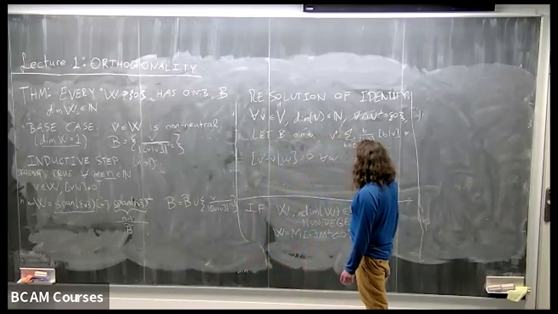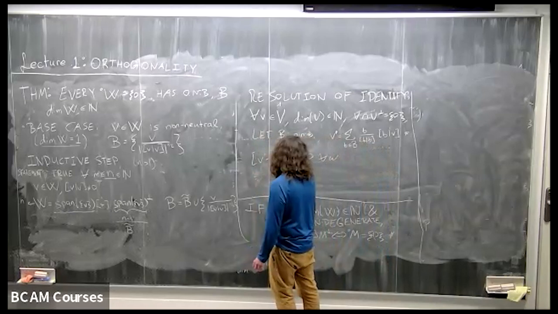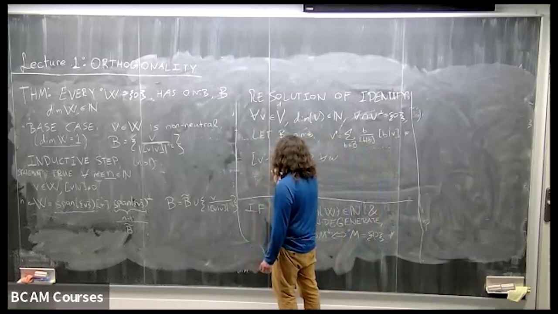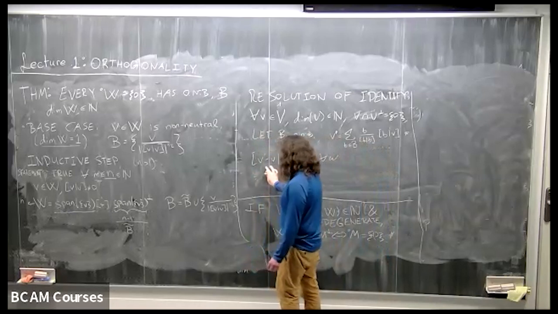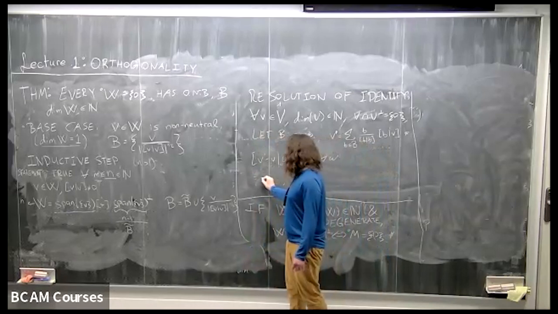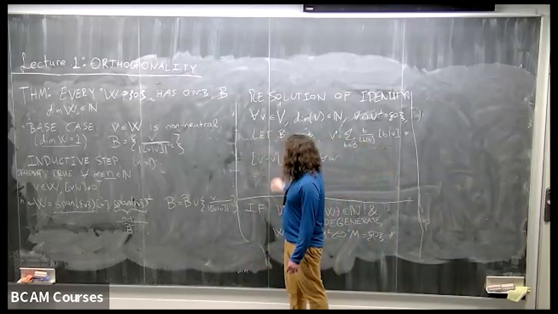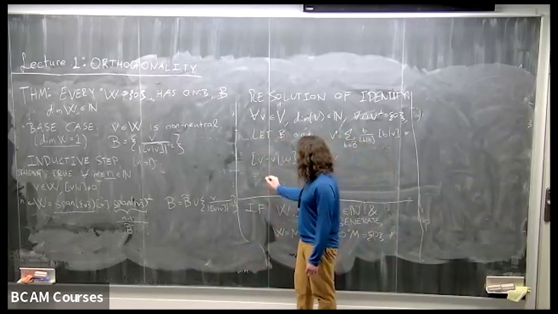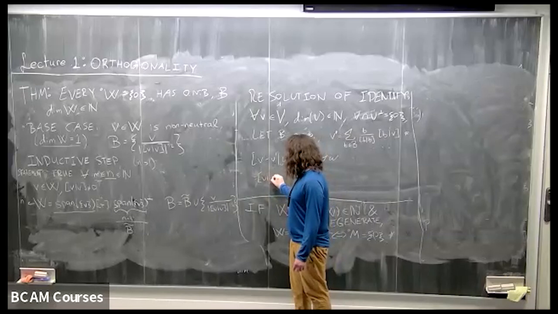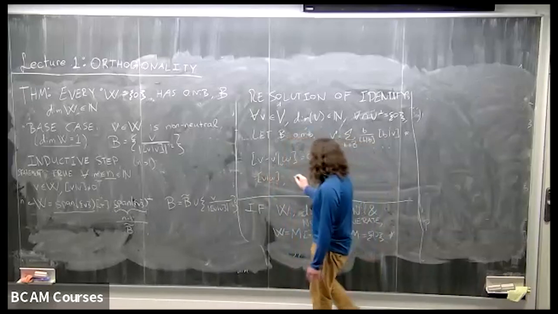To do that, we can use the linearity property to pull out the minus ⟨v, w⟩ part. Maybe I'll do the sum this way, just to simplify the next line. So this will be ⟨v, w⟩ minus, now for v prime I substitute in the definition.